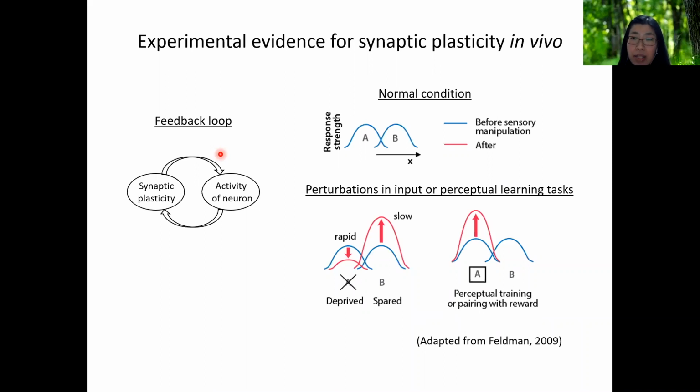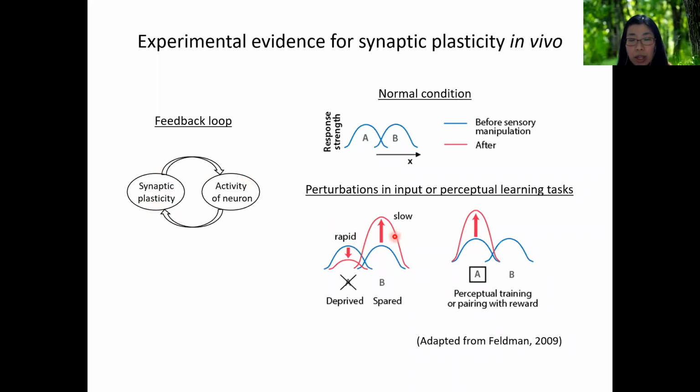However, if there is ongoing activity as in vivo, then there will be a feedback loop between the synaptic plasticity and the activity of the neurons. The changes of activity observed in in vivo studies have been suggested as indirect evidence of synaptic plasticity.